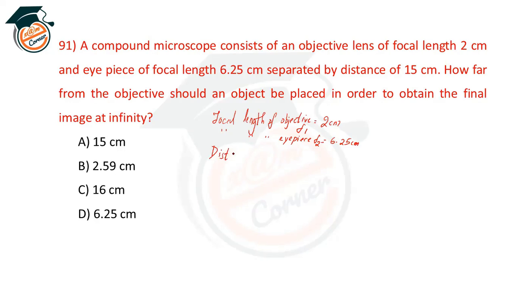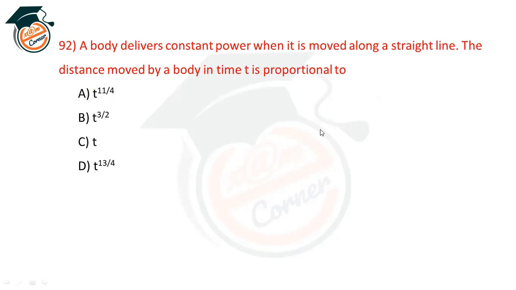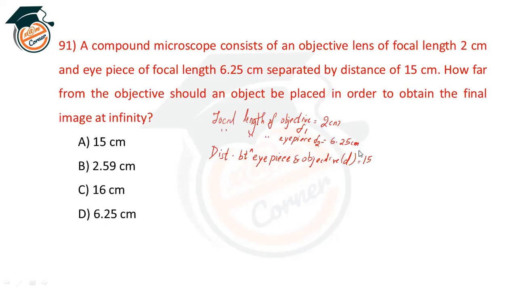So the distance between the eyepiece and the objective, which is given by D, equals 15 cm.